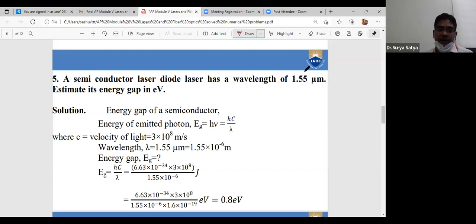Find out the energy gap. The same expression, Eg is equal to hc by lambda, where h is the Planck constant, c is the velocity of light, and lambda is the wavelength, given as 1.55 micrometers. Just use that expression and try to find the value.